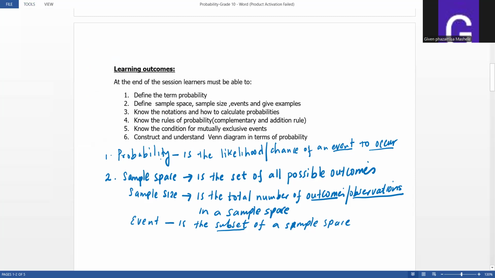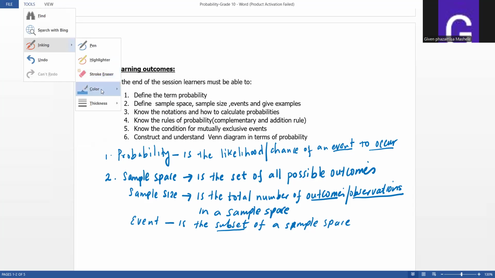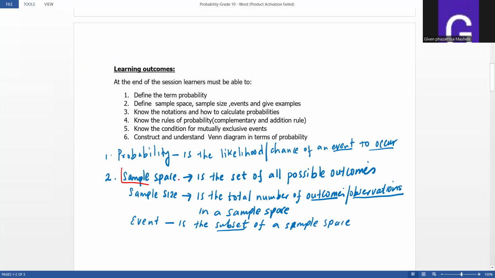From now on, when we talk about the word sample space, we'll be using the symbol S to denote it. So when we talk about sample space, we'll just denote it by an S. Then also we'll talk about the sample size, and also we'll give examples of an event.